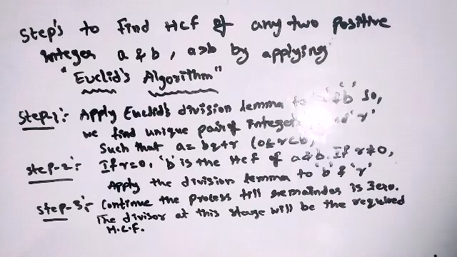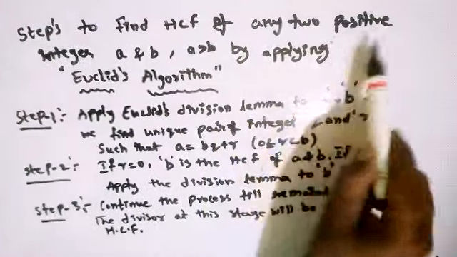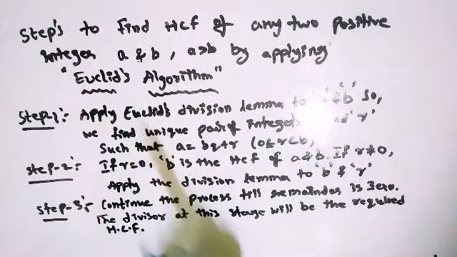Let's see the steps in Euclid's division algorithm. Steps to find the HCF of any two positive integers a and b, where a is greater than b, by applying Euclid's algorithm.